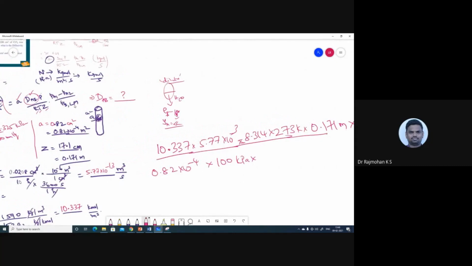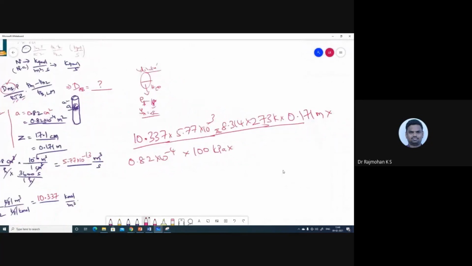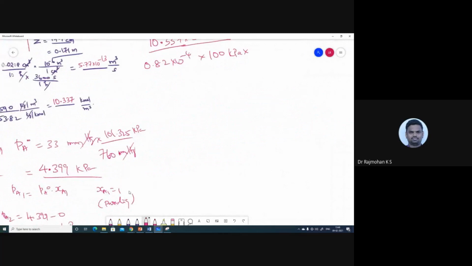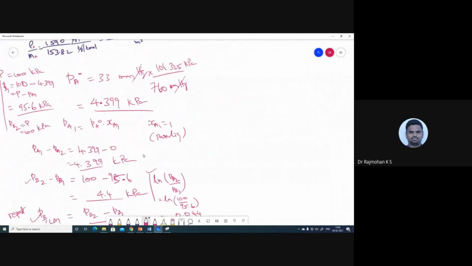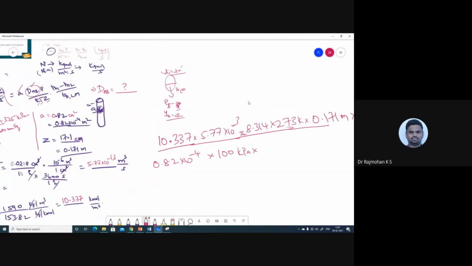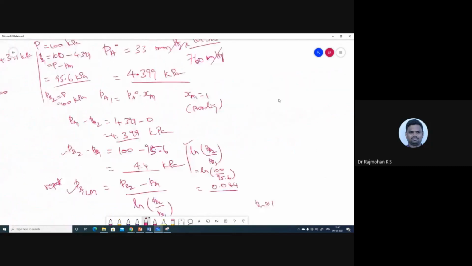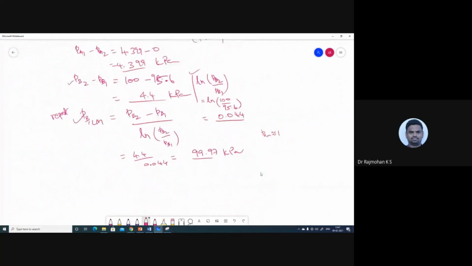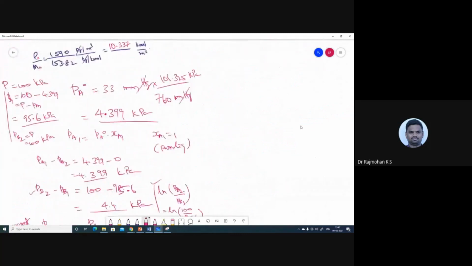PB logarithmic will be in the numerator, PA1 minus PA2 will be in the denominator. So PA1 minus PA2 value we have calculated to be 4.399. And this PB, if it goes to the left hand side, it will be in the numerator, which we have calculated to be almost 100, 99.97 kilopascal.